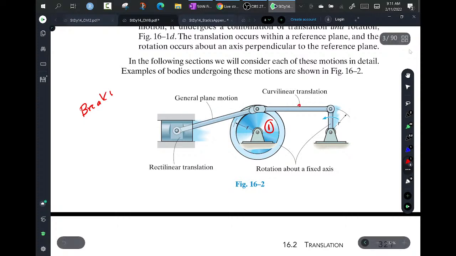So you have one, you have two, you have three, you have four, and actually you have five rigid bodies. Now, their motion is interdependent because they are pinned to each other somehow. And that one, of course, is pinned to the ground, and this one's pinned to the ground.